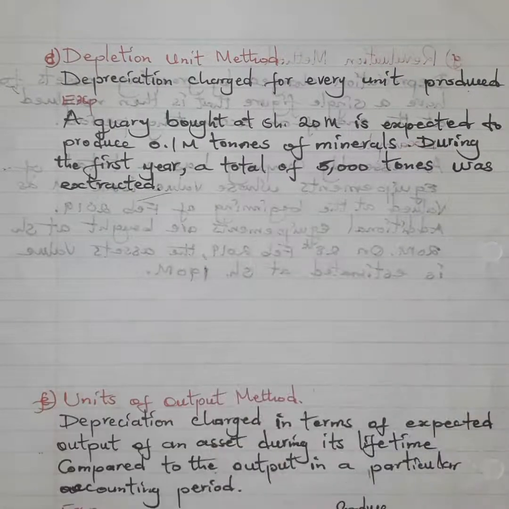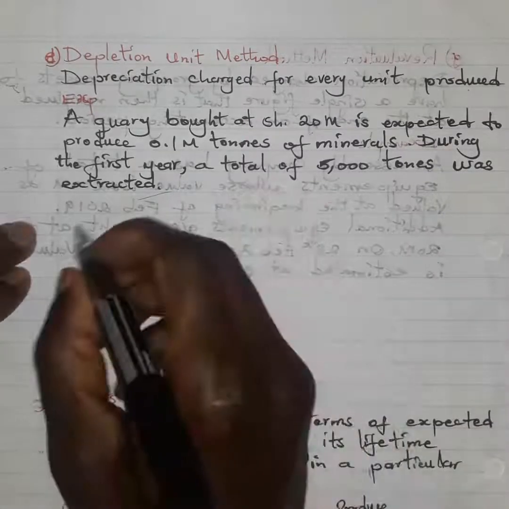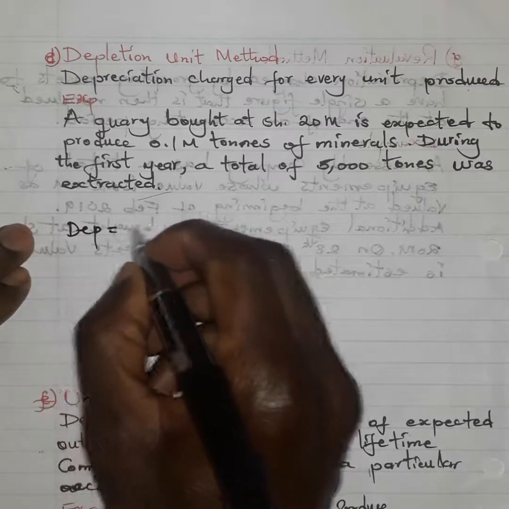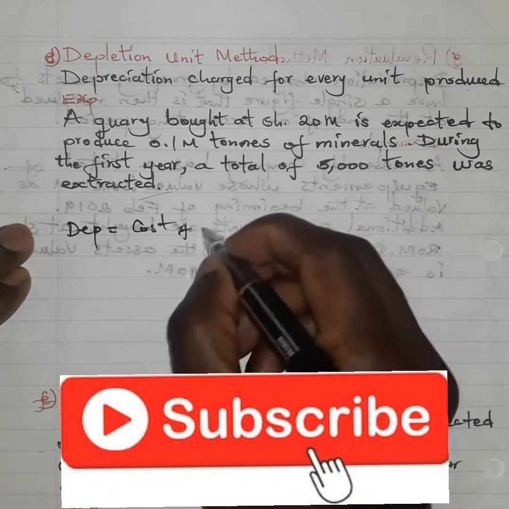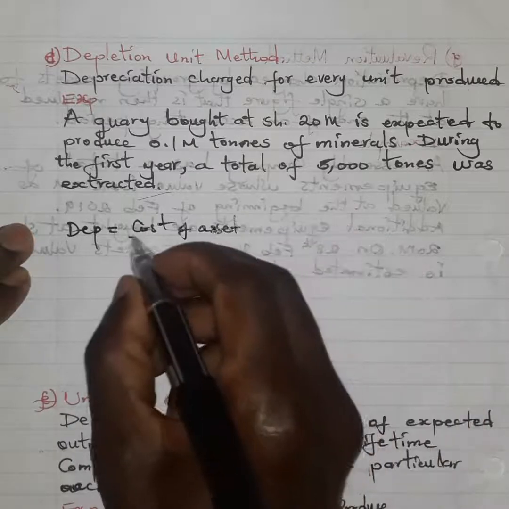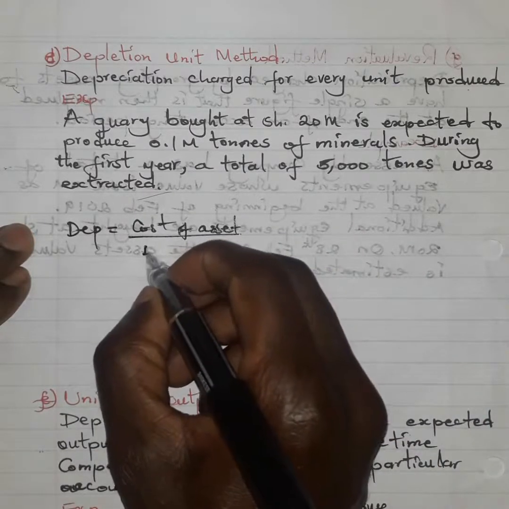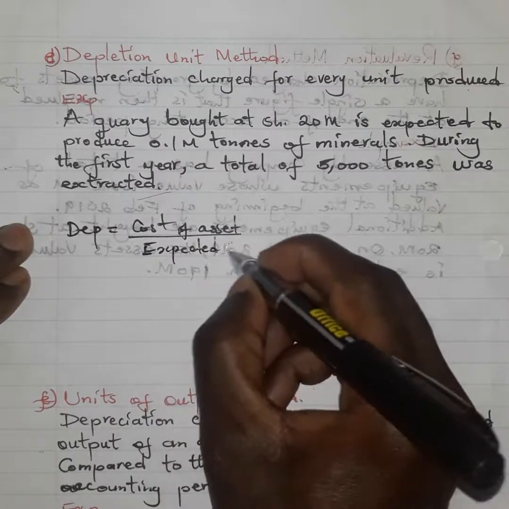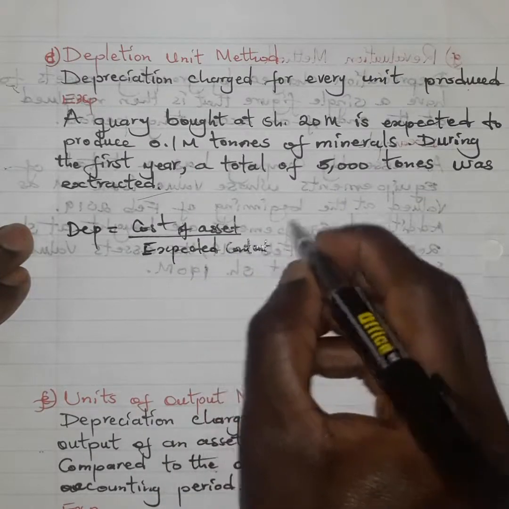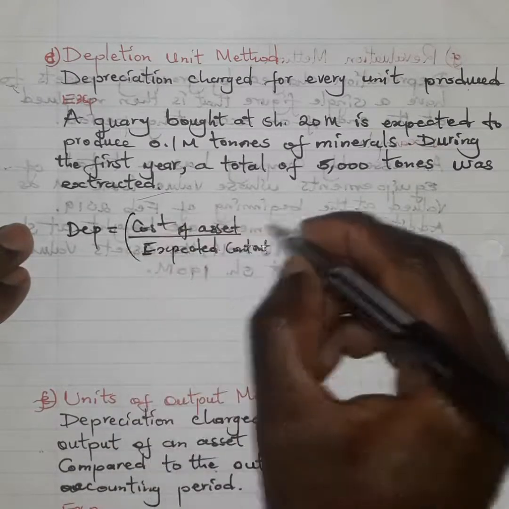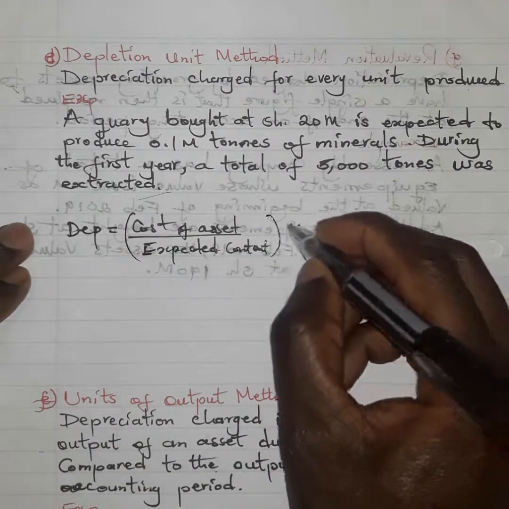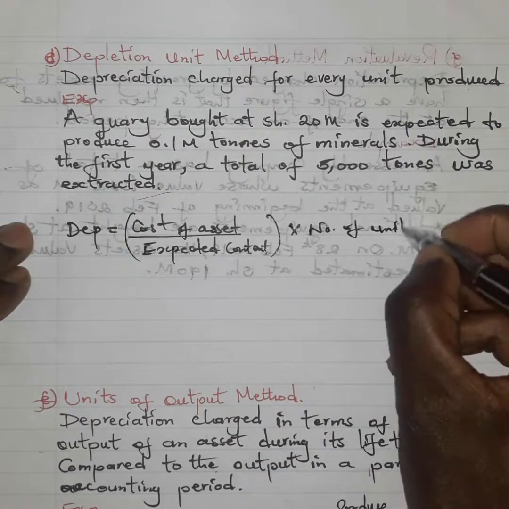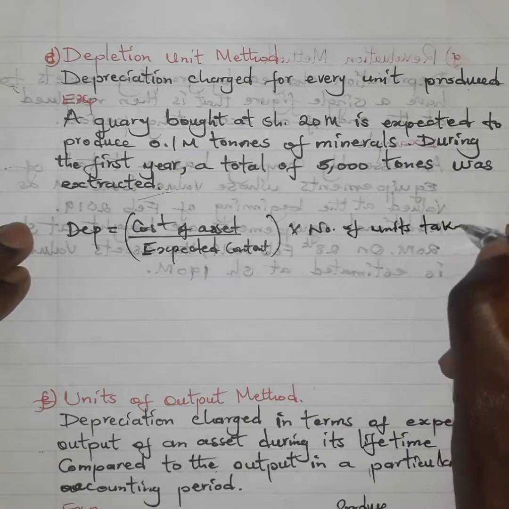So essentially it means that for us to get depreciation, it is supposed to be the cost of the asset divided by the expected content, which is supposed to be produced, multiplied by the number of units taken or produced.